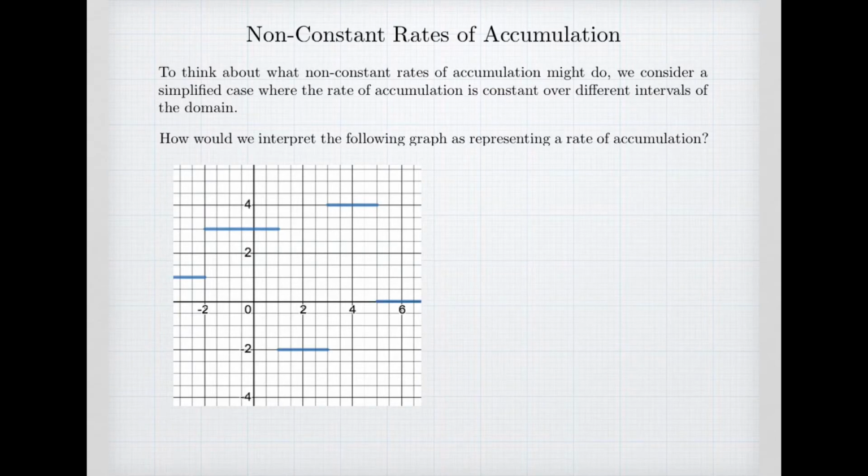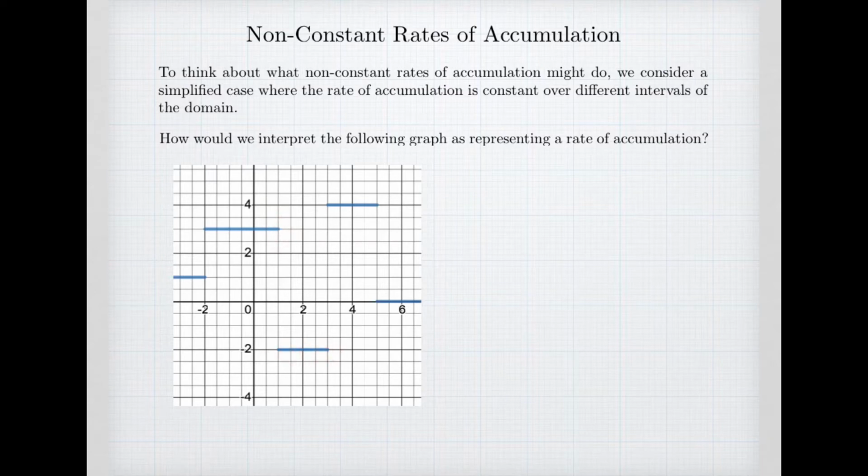To start thinking about what I mean by non-constant rate of change, I want to look at this example. This example considers a constant rate of change on intervals, but the constant value changes on different intervals. On the interval that goes from -2 to 1, I have a rate of change of 3.